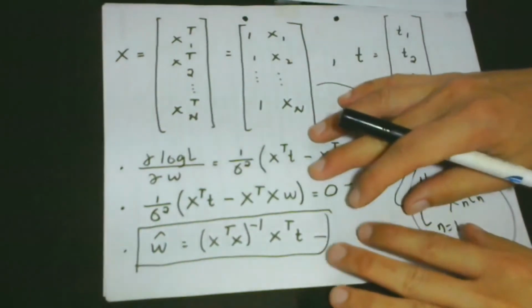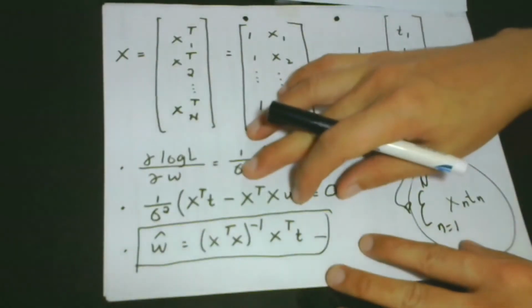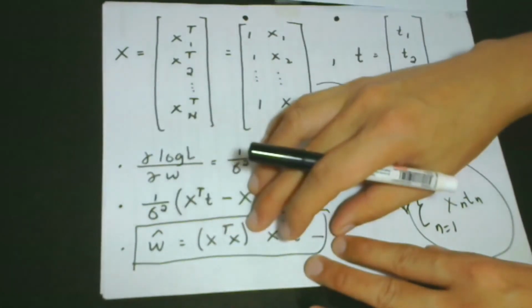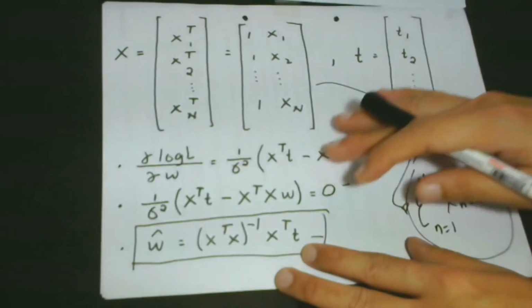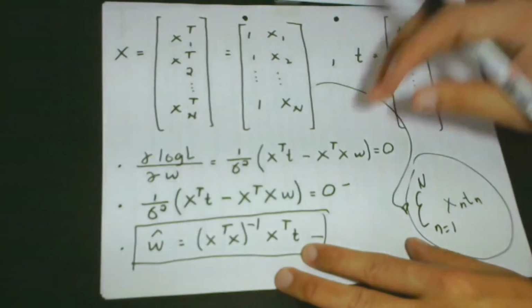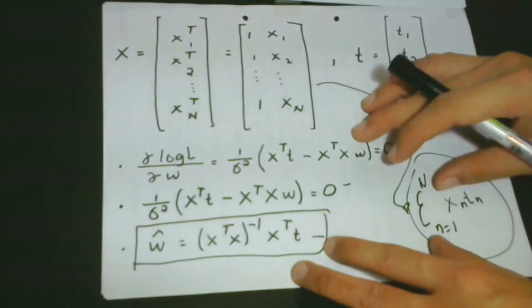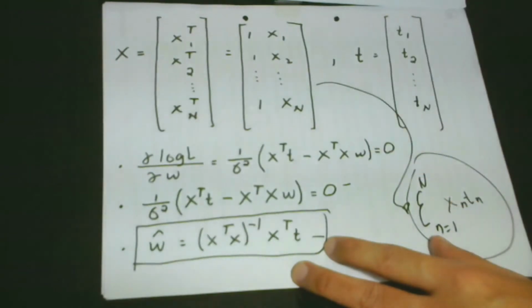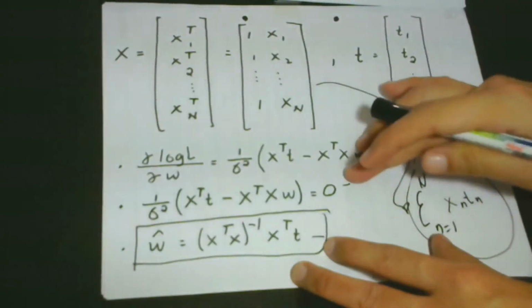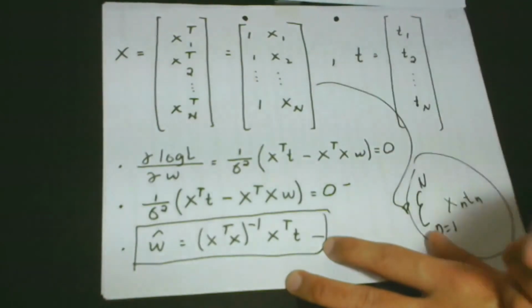As you could see, this kind of solution is exactly the least squares solution. The thing that you have to remember is that minimizing the squared loss is the same as the maximum likelihood solution, but we must always remember that this presumes that the noise is Gaussian.